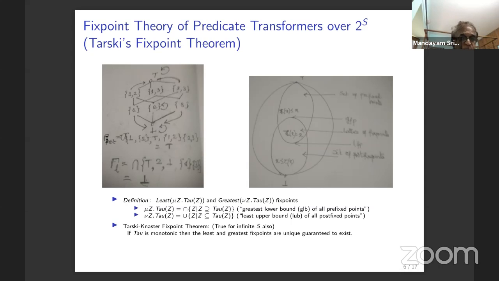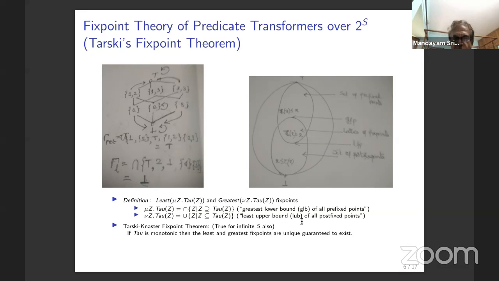The greatest fixed point is the greatest lower bound of the, should I say least upper bound, and this is the greatest lower bound. This is the least upper bound. Maybe I have this wrong. Yes. This should be the least upper bound, and this should be the greatest lower bound.